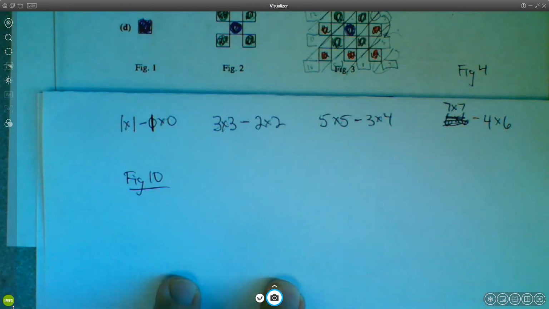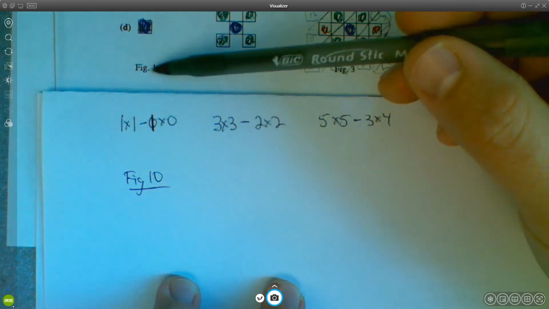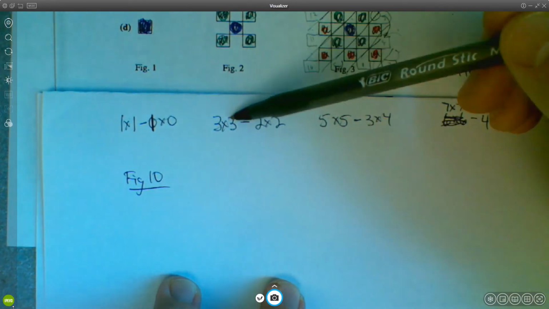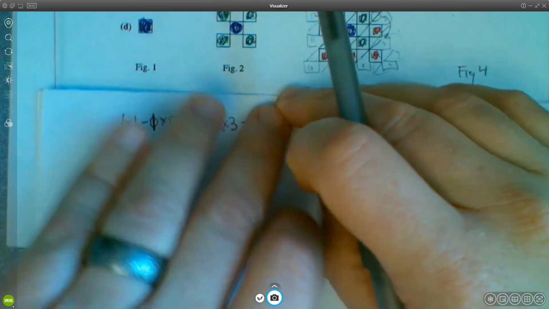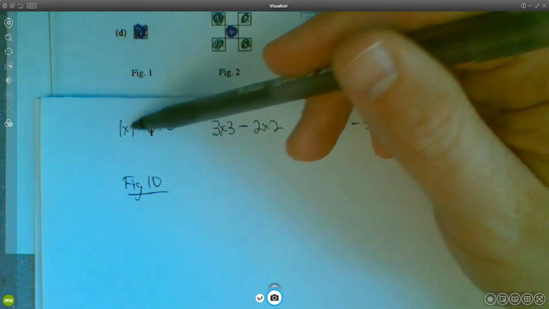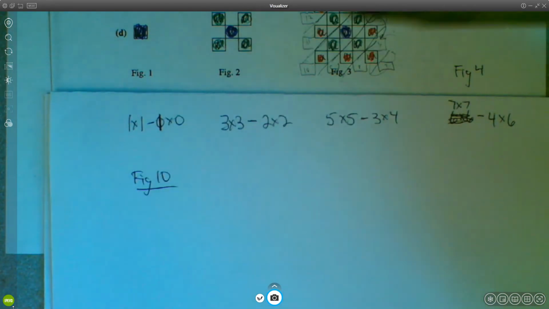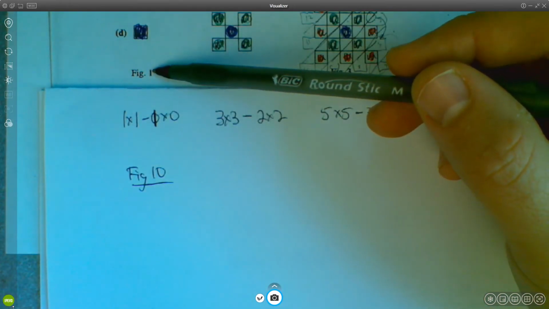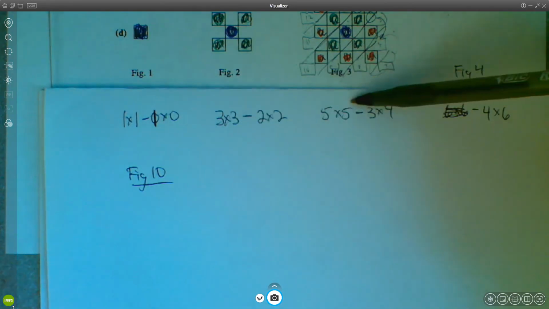To do that, we have to relate back to the figure numbers. So this looks like it's equal to the figure number, figure 1, 1 times 1, but this one is 3 even though it's figure 2, and this one is 5 even though it's figure 3. It looks like these numbers are going up by 2 each time. So that tells me that maybe I should do 2 times the figure number. But if I do 2 times the figure number, 2 times 1 is 2, and 2 times 2 is 4, and 2 times 3 is 6.